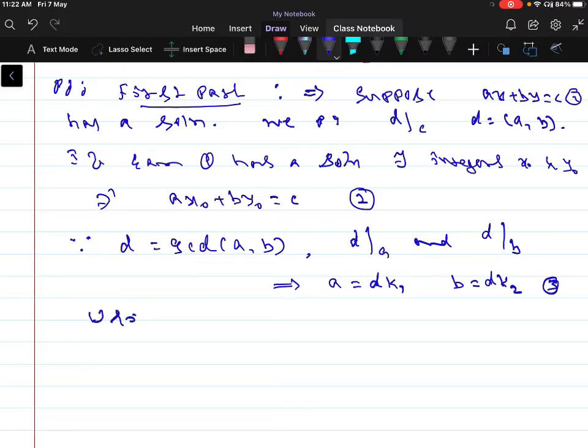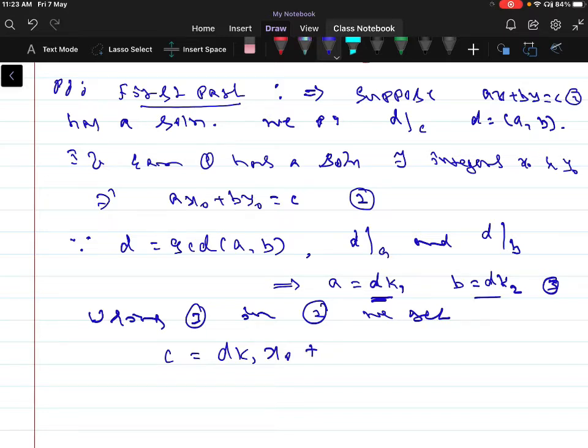Now using equation 3 in 2, we get, in place of a, take d into k1. So c is equal to d into k1 x naught plus, in place of b, d into k2, d into k2 into y naught.